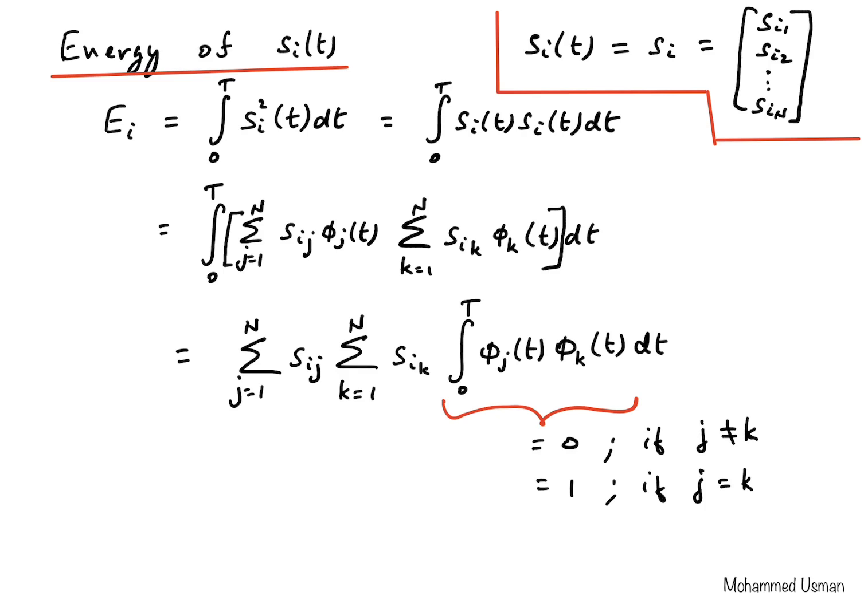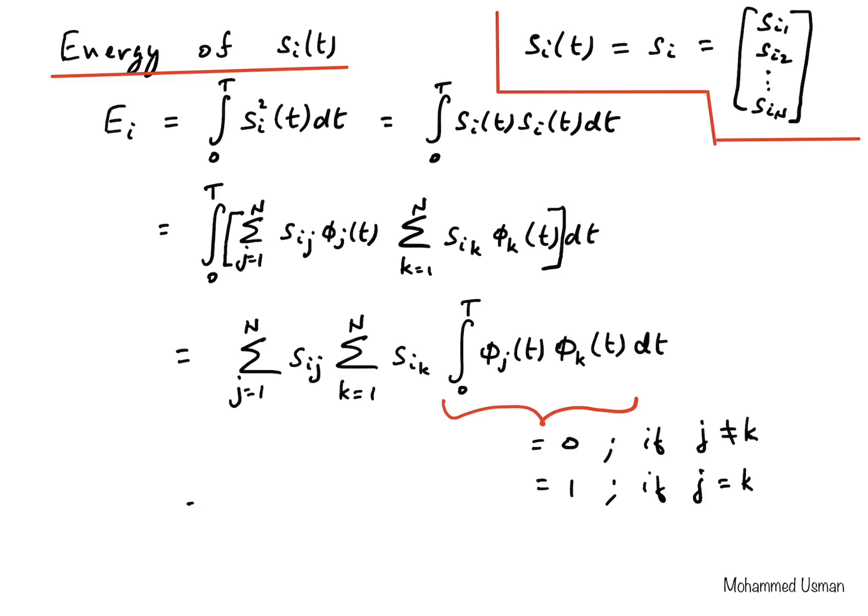So when j and k are different, this integral becomes 0, and 0 into any of this is 0. So we don't need to worry about the case for j not equal to k, because this entire equation becomes 0. Now if j is equal to k, then we can replace the j and k and make it the same j. So when j is equal to k, that's when this integral is equal to 1 and non-zero. So we need to worry about only that case.